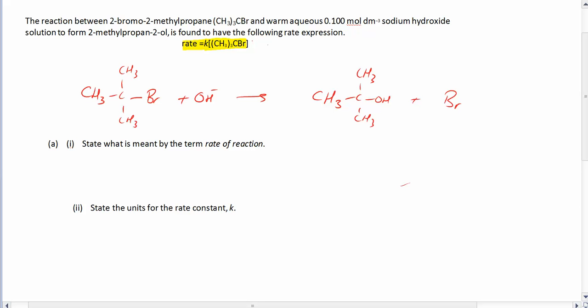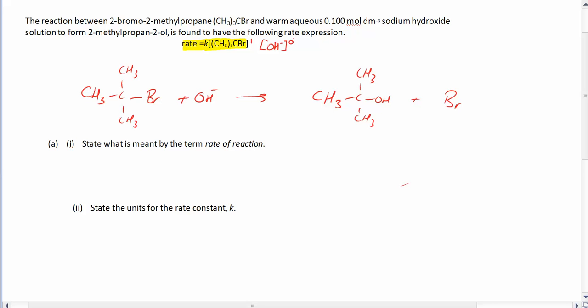We could, if we like, have a little 1 there. And it's zero order with respect to hydroxide. Because it's zero order with respect to hydroxide, we leave that out of our rate expression. If it's first order, generally we don't put the 1 as the index there. It's just assumed that that's what we have. So let's have a look at the question.